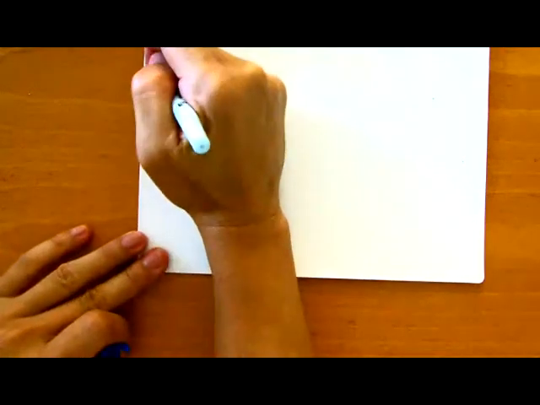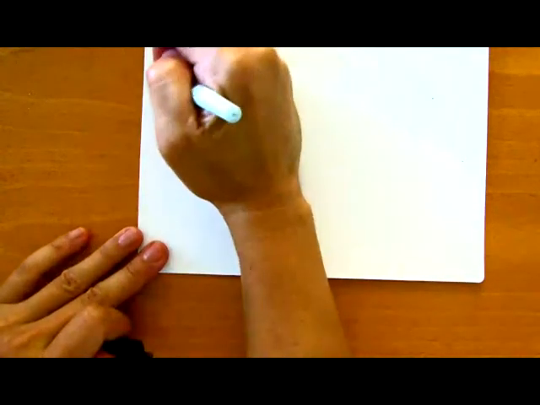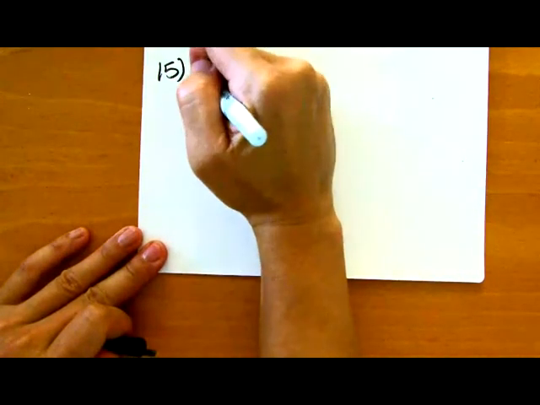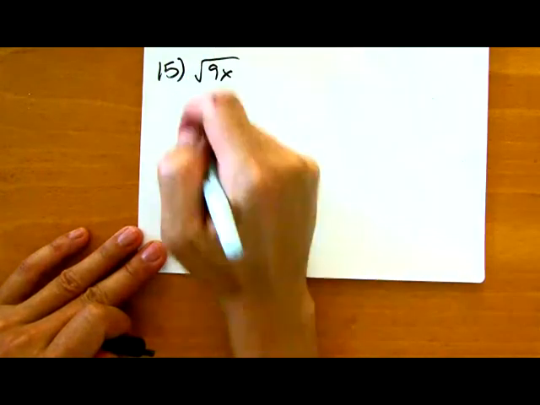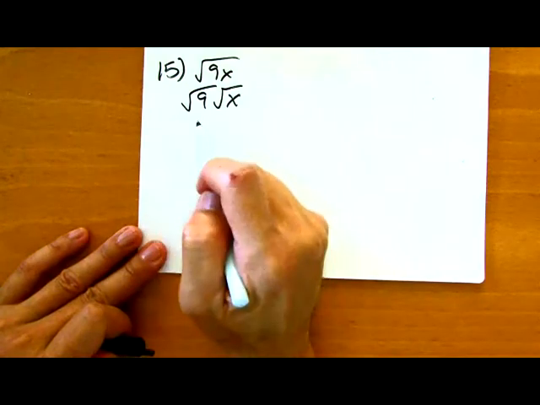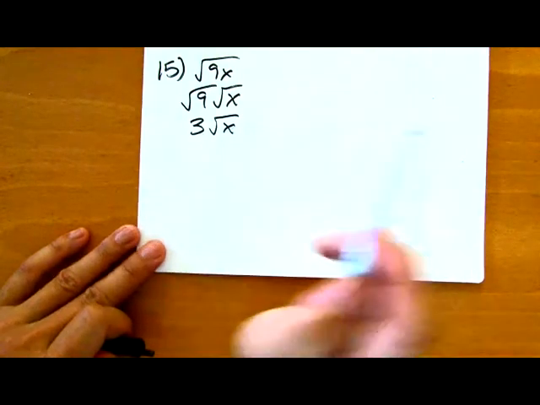Number 15. Square root of 9x. Square root of 9, square root of x. I can square root the 9. 3 radical x.